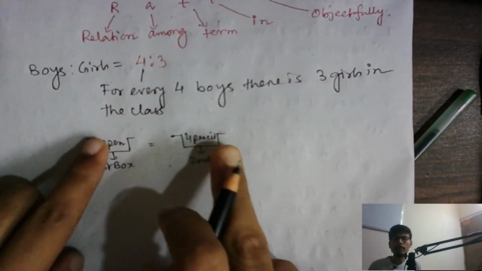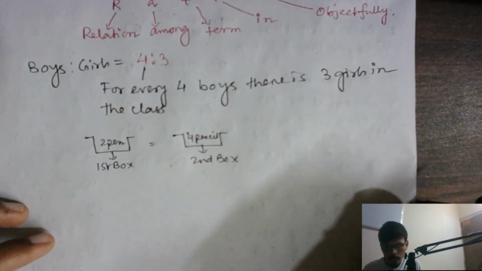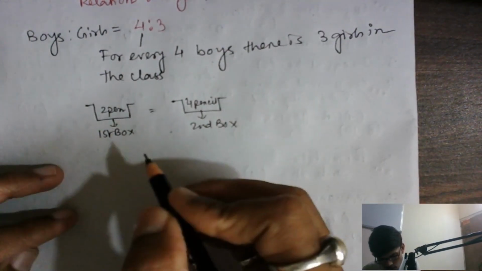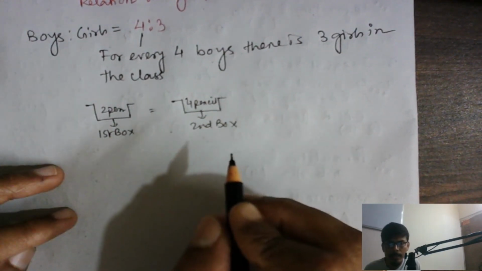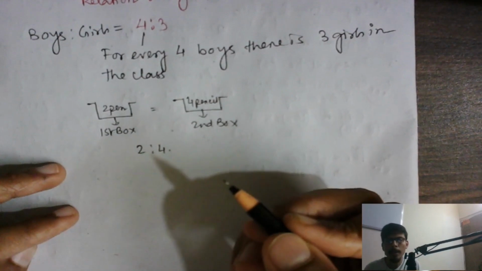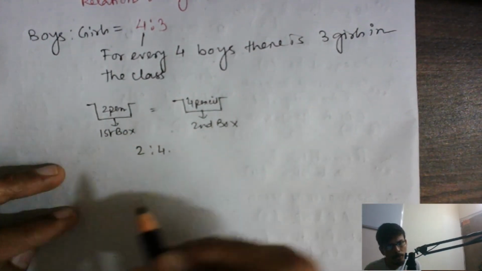So 2 pens, 4 pencils. Can I write here that the ratio between pen and pencil is 2:4?